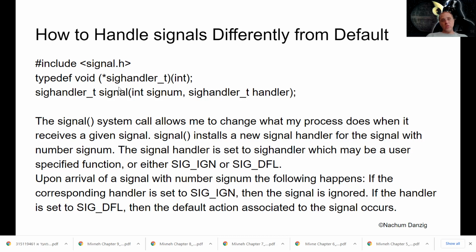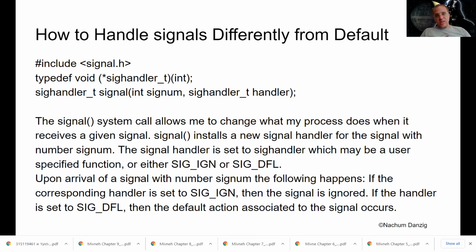So signal can do several different things, but we're going to focus on the other thing that it can do, which is that I set a handler here to tell it what I want it to do. Upon arrival of a signal with the number sig number, after I ran this function, the following happens.